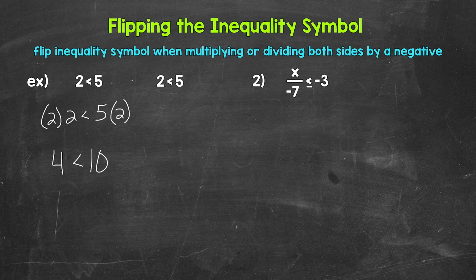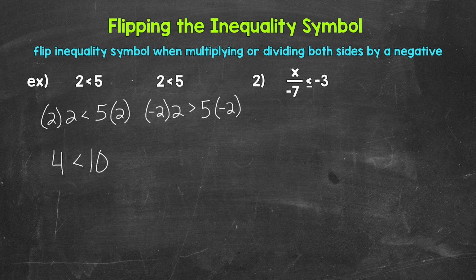But multiplying both sides by a negative changes the inequality. We have to flip the inequality symbol, change its direction. So we're multiplying the left side by negative 2, and then flip the inequality symbol, and then we're multiplying the right side by negative 2.